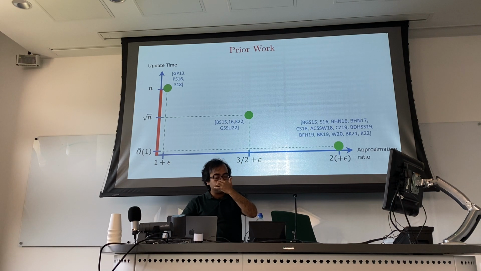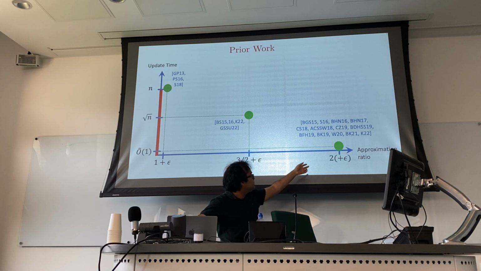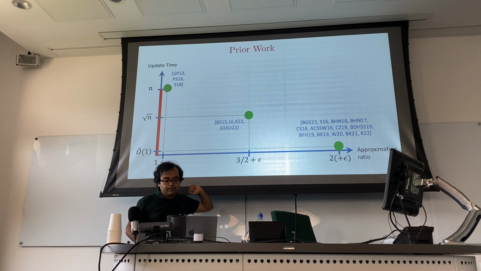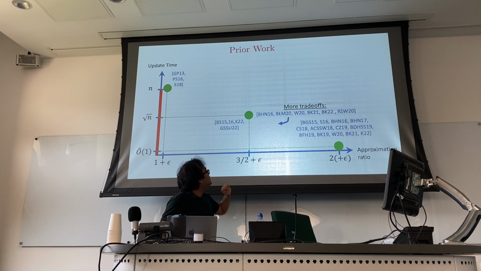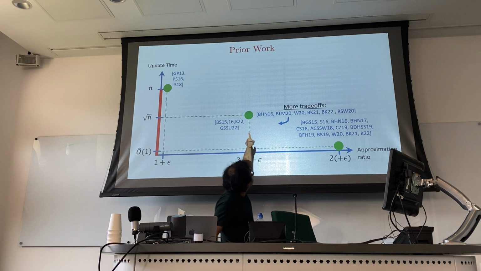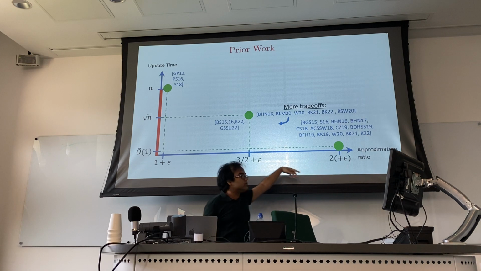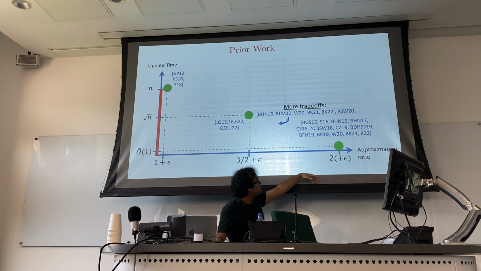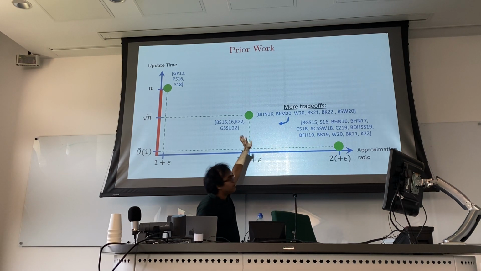And the third set of results says if you care about 2 approximation, then we can achieve polylog n update time. And in between, there are some very nice trade-offs between these 2 points. These trade-offs suggest that you can get some approximation ratio in this place and some update time that is somewhere in between polylog and root n.